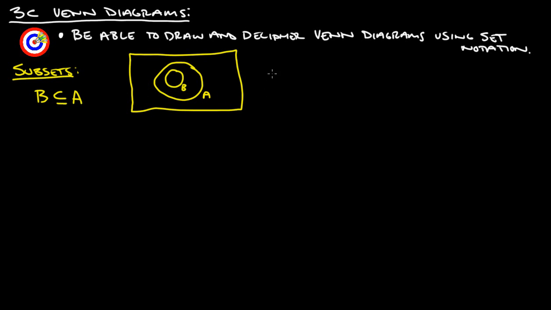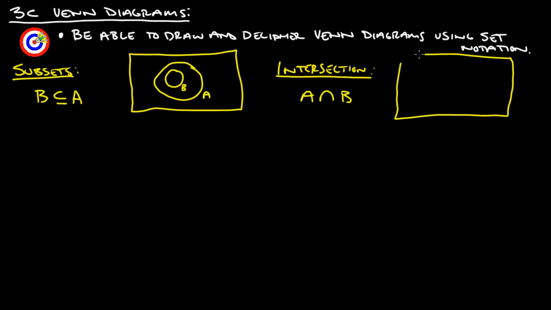Okay, now let's take a look at intersection. So let's look at A intersect B. That's going to be basically just what everything in set A has in common with everything in set B. So let's call this set A, this is set B. The intersection is going to be this blue section here in the middle.